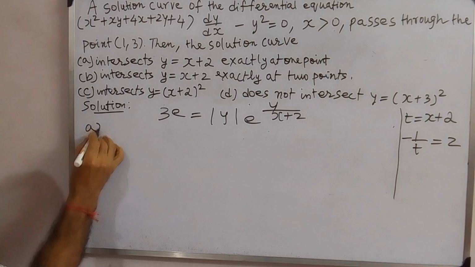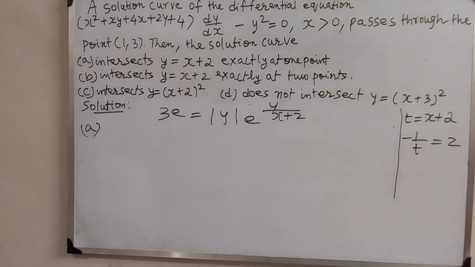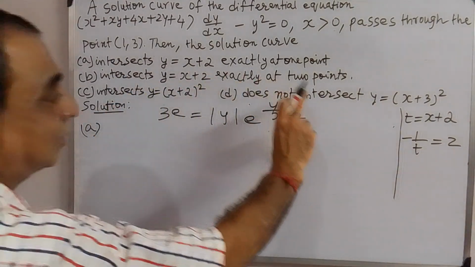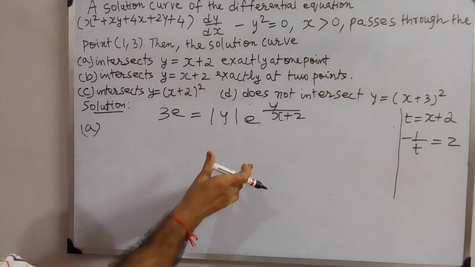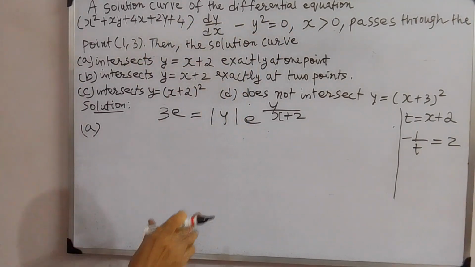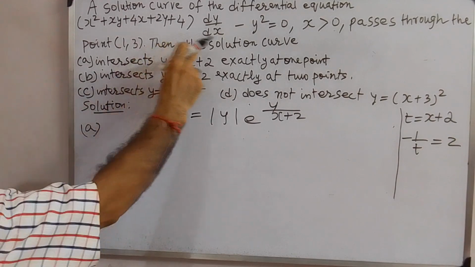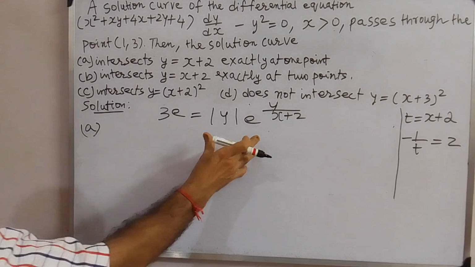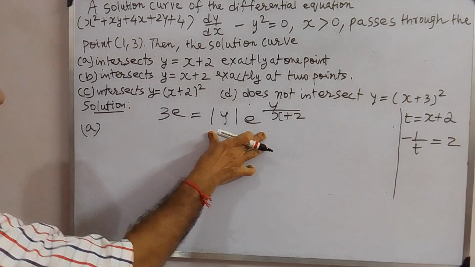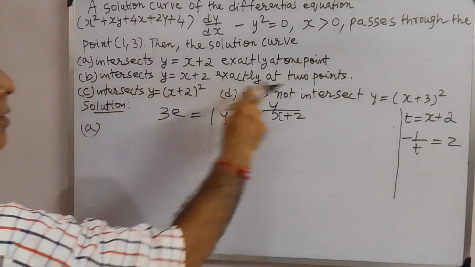Now see here. The first option is telling that the line y equals x plus 2 intersects this curve, whose differential equation was this. A is saying 1 point, B is saying 2 points.